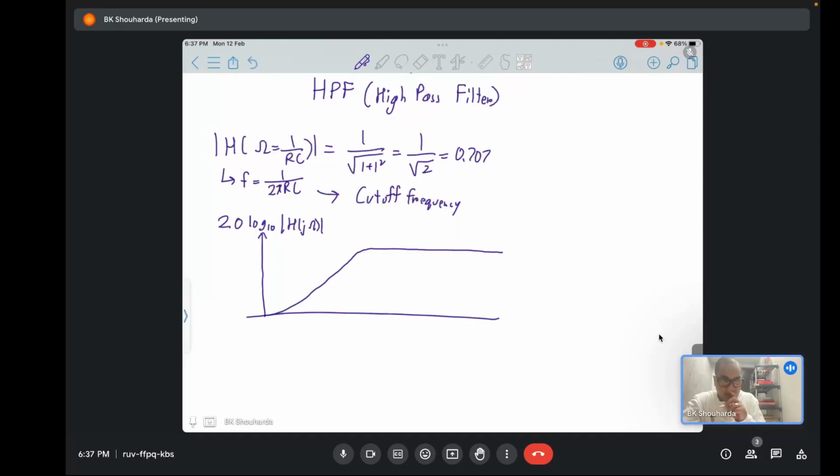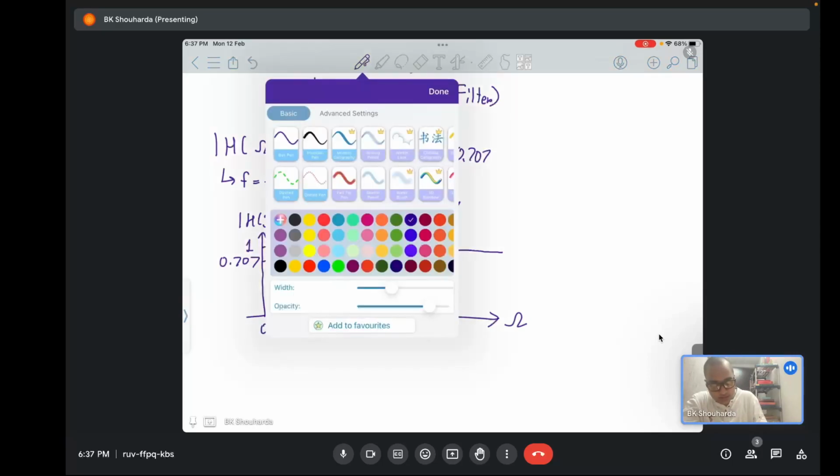The behavior is something like this, where very high frequency components are allowed. Let me remove the discussion from here because we have not studied this. That's 1 here, and that's 1 upon RC, where you have 0.707. So you see high frequency signals are allowed, but low frequency signals are not being allowed.